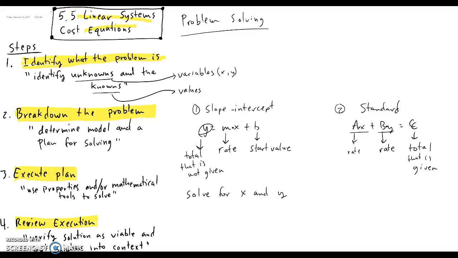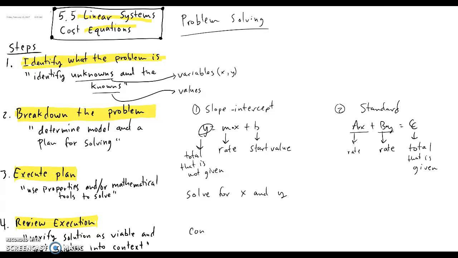And then the fourth part is to verify the solution as viable and put the solution back into context. So in the third part, we're using the algebra, using our properties and our mathematical tools to solve. And the fourth step is to take what we solved from the algebra and put it back into the context. So we're not talking about x and y in the fourth step.